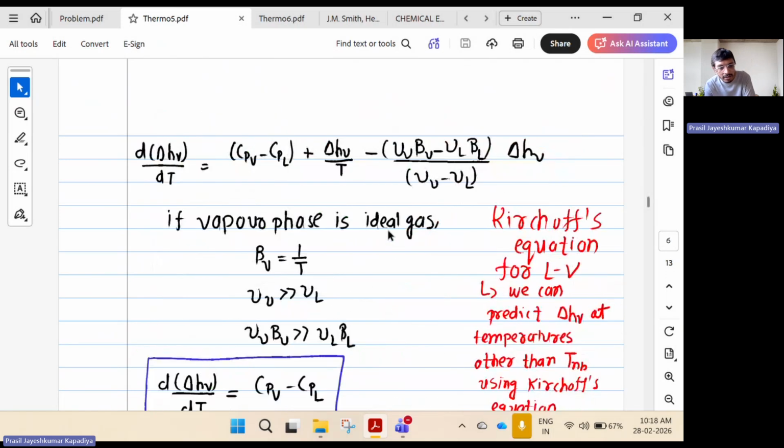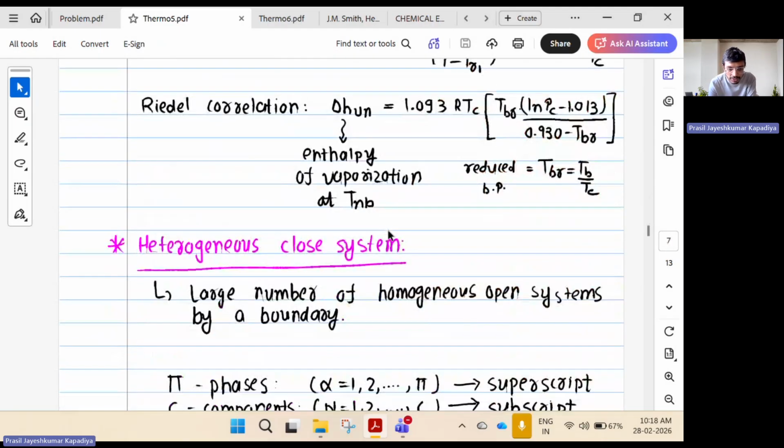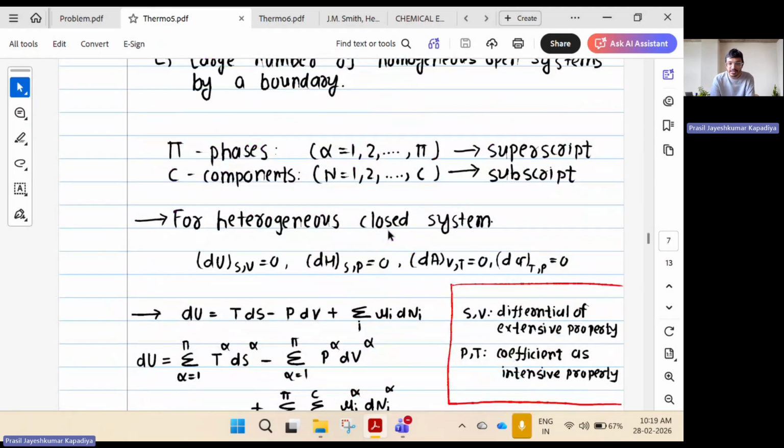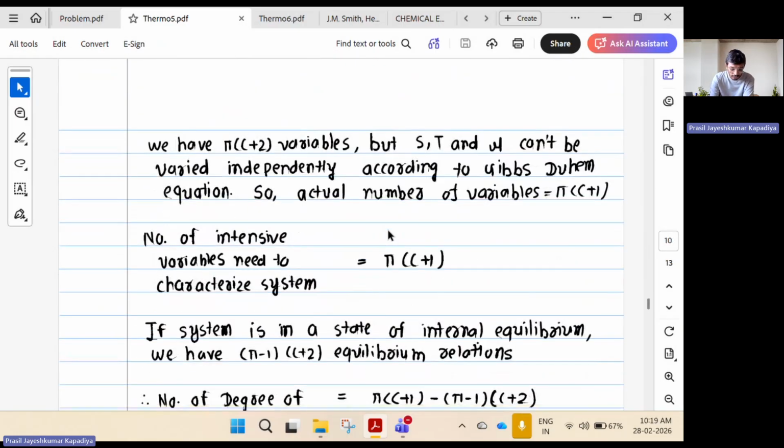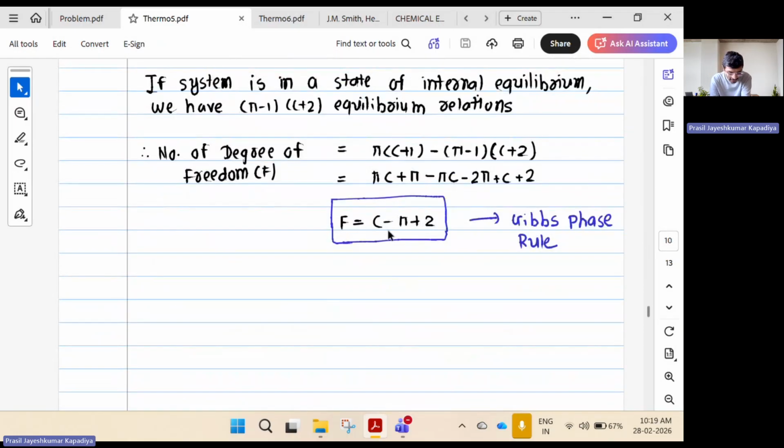And then we had a look at the heterogeneous closed system, in which various phases are present. Okay, so this thing you have already studied, but let's try to do it.